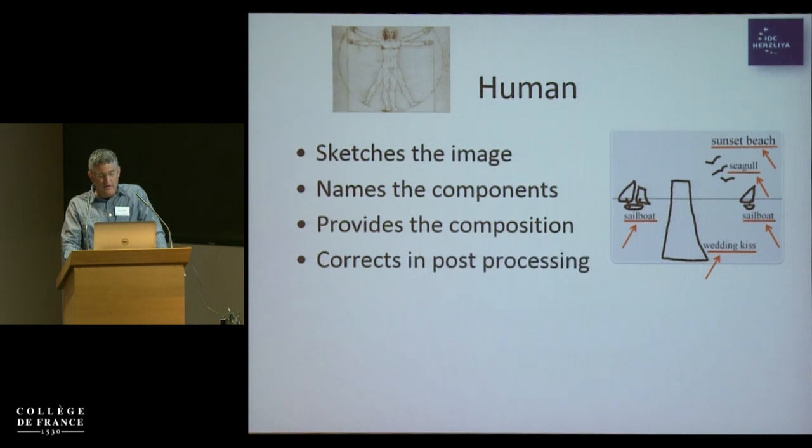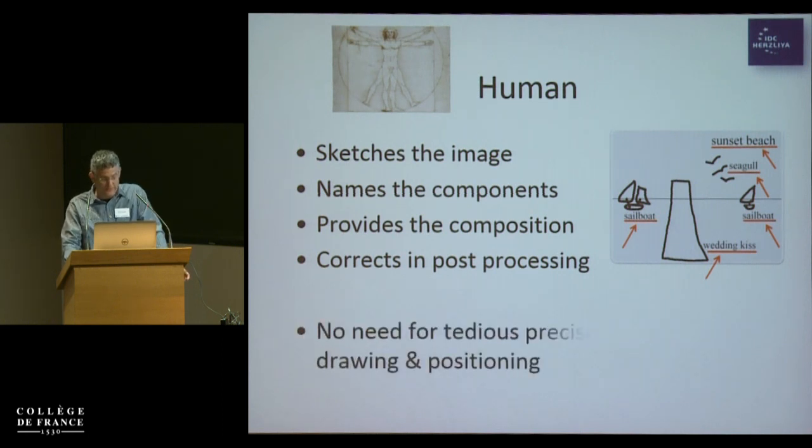And then sometimes there's also some corrections going on in post-processing to produce the results that you've seen. The important thing to remember here is that there's no need for exactness or tedious process of positioning or drawing very accurately, right? So you've seen a very crude sketch turns into a very realistic image.